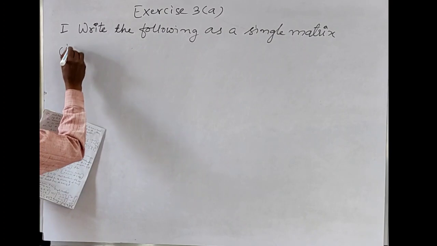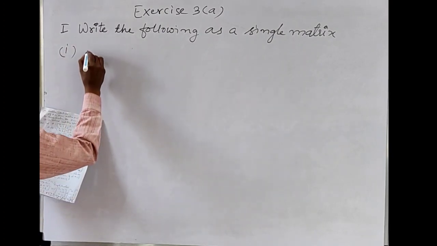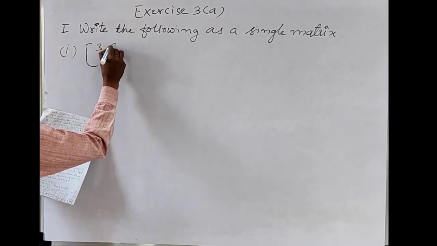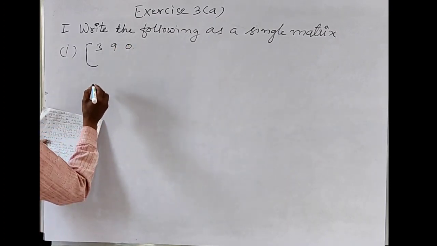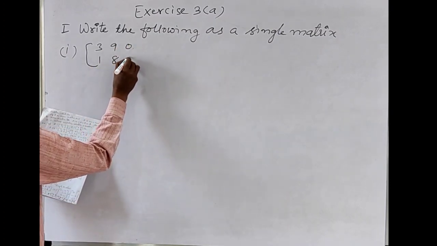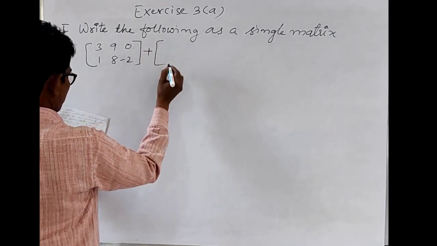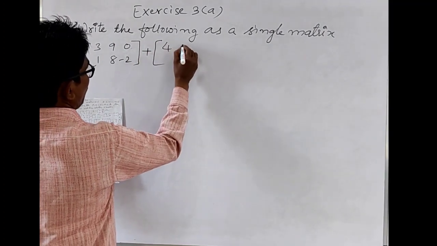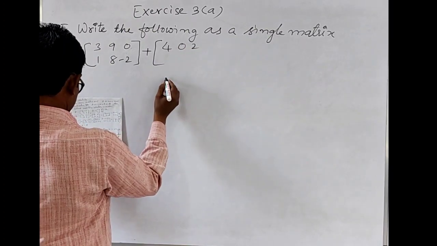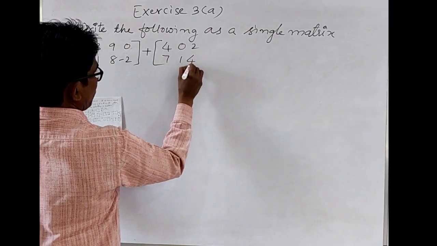So first one is 3 9 0, 1 8 minus 2 plus 4 0 2, 7 1 4.